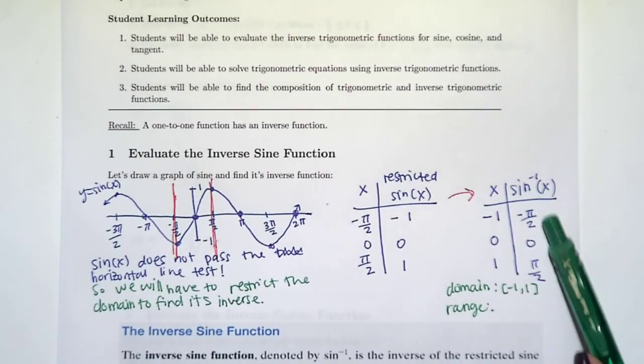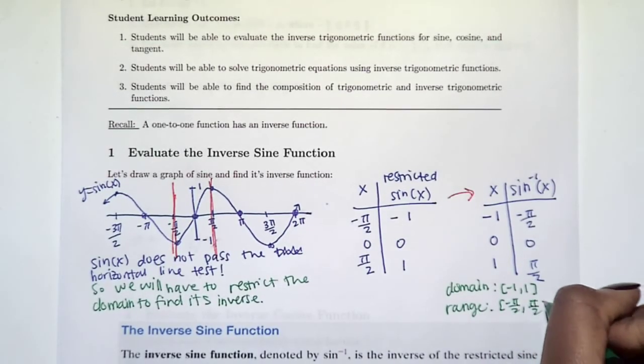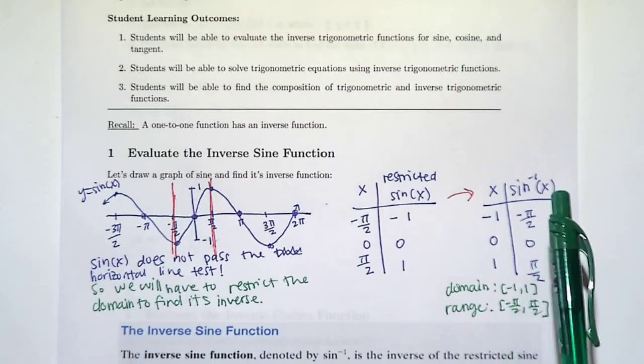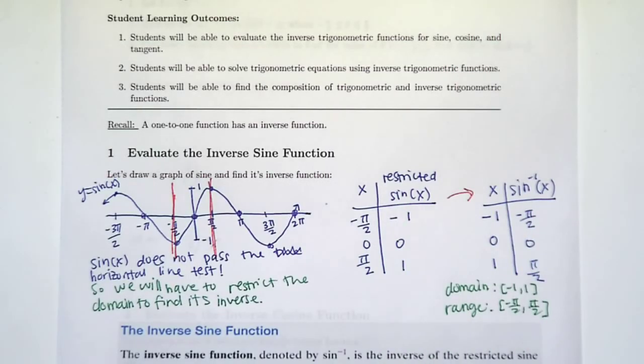And the range, the y values, will always be between -π/2 and +π/2. So we're going to return to the domain and range of this function later. But whenever we're talking about sine inverse, we are talking about the inverse of this restricted sine function.